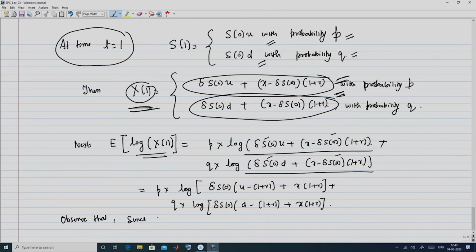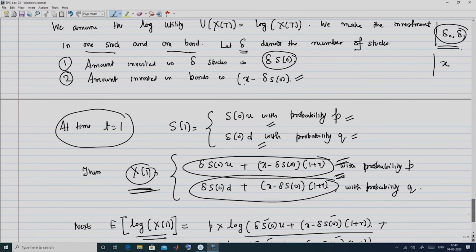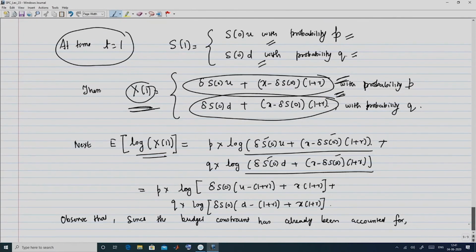Now, observe that the budget constraint has already been accounted for. And how has it been accounted for? Because we have already taken this x minus delta S naught term here.